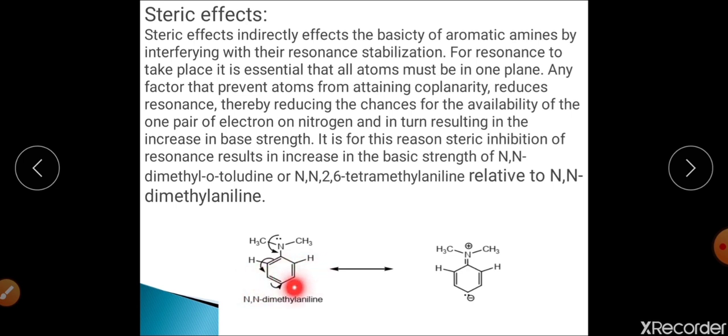This was the example in which this particular lone pair was easily available for the resonance, was easily available for delocalization, and because of delocalization its basicity will be decreased.